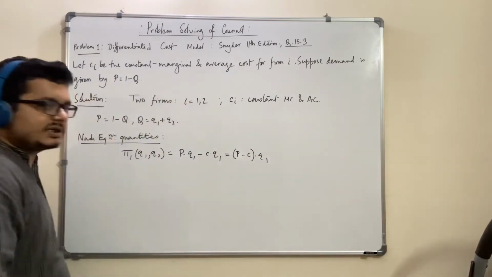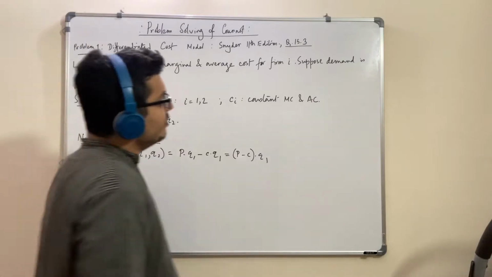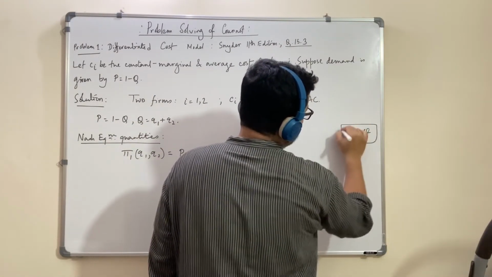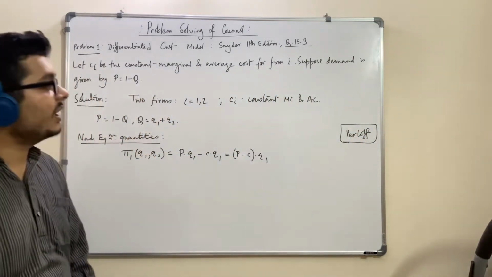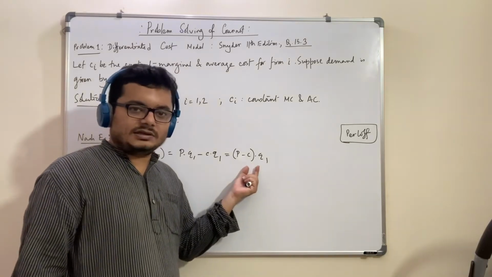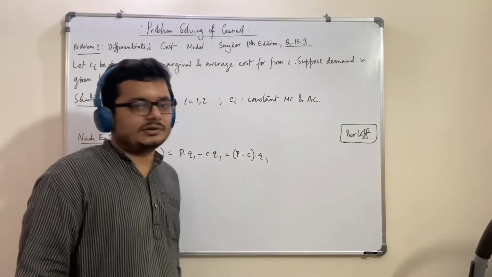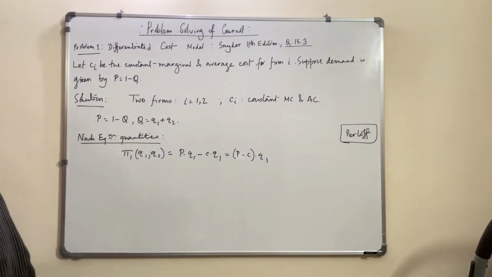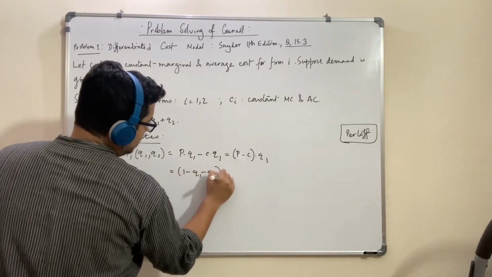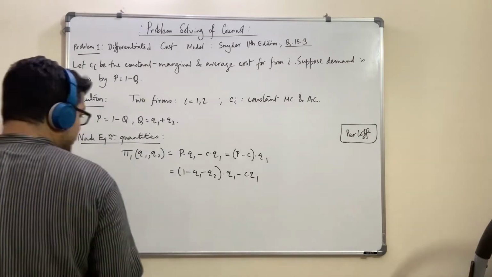This is not a structure that we generally follow while profit maximizing, but if you open Perloff, which is also the MIT recommended textbook, you will see that Perloff has used this structure time and again. Anyways, so this is equal to (1 - q1 - q2 - c1) q1. The rest of it is from the last class.